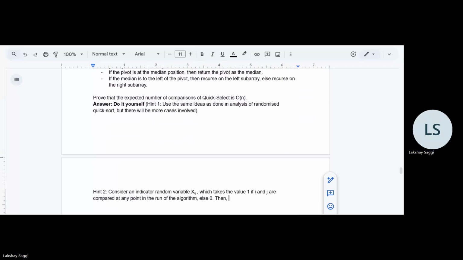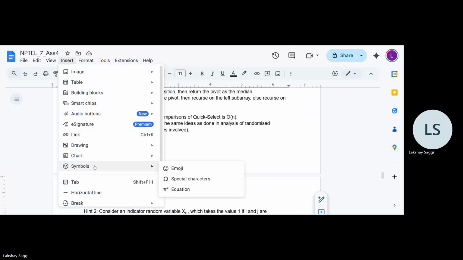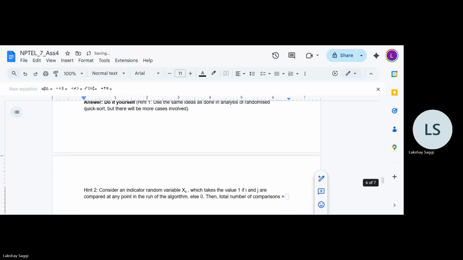Then the total number of comparisons is equal to the sum over all possible Xij.